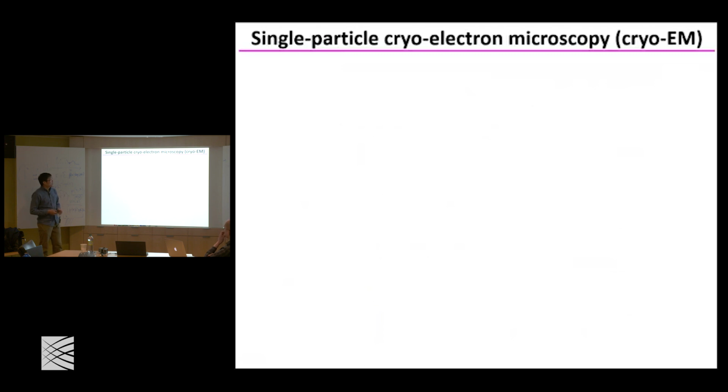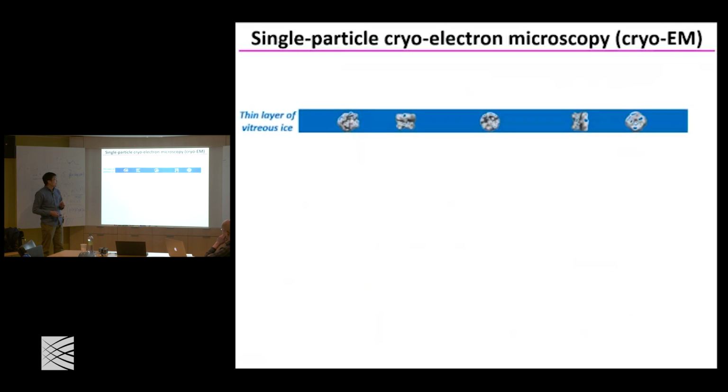Now, for single-particle cryo-EM, the sample has to be prepared in a specific way. The biological sample, which in many of our studies is mainly purified protein, has to be embedded in a thin layer of vitreous ice.